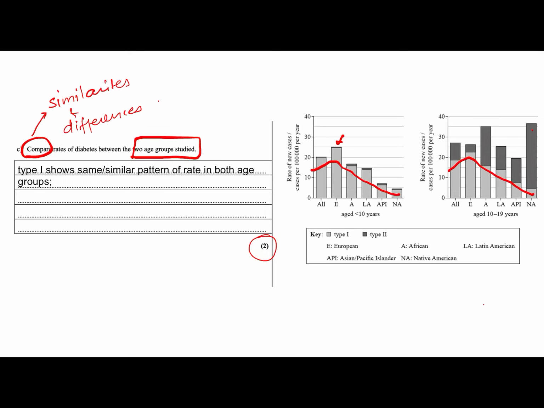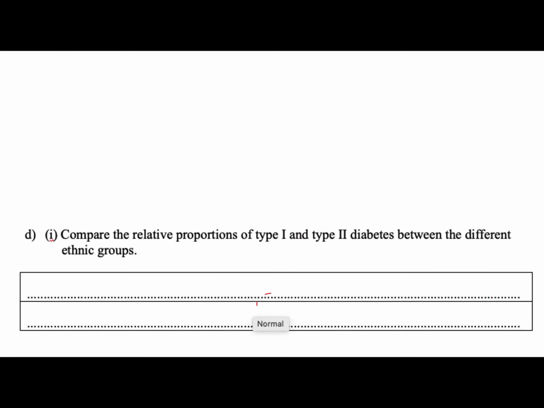That becomes the similarity in both age groups. And type 2 is greater among those; you can see all type 2 is greater in this age group. Because we are comparing, I have given the similarity, and the greater type 2 is the difference.